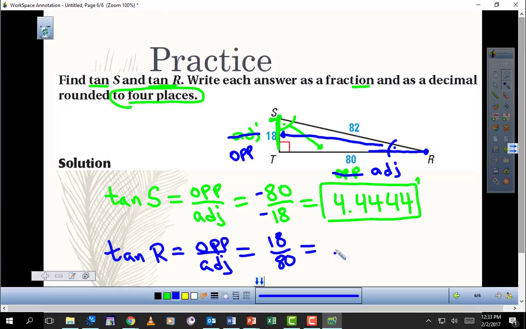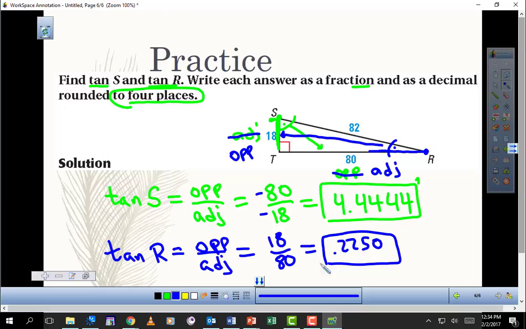We get 0.225. Is that the answer they want? No, they want 4 decimal places. How do we fix that? Yeah, just add a 0 right here. There you go. You can add zeros onto the right, and it's still correct. Okay, so that's how they want us to do tangent S and tangent R.